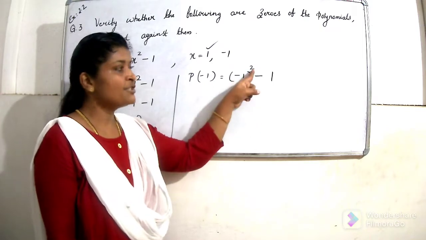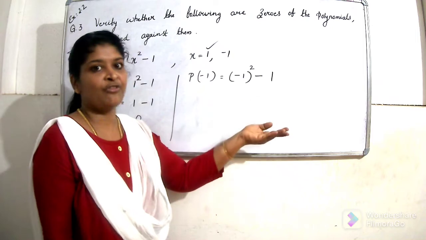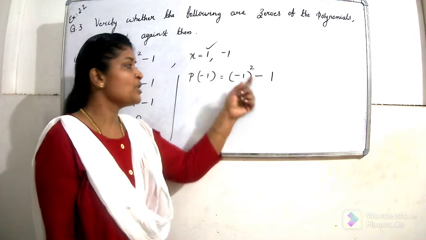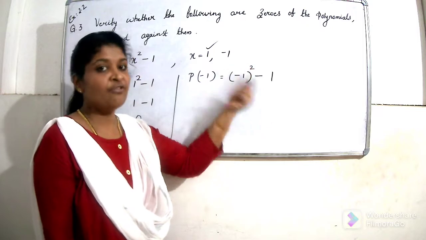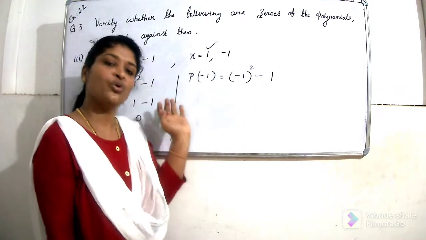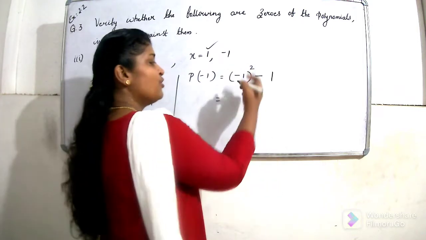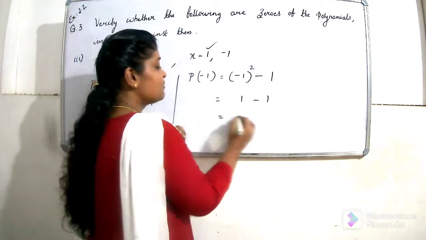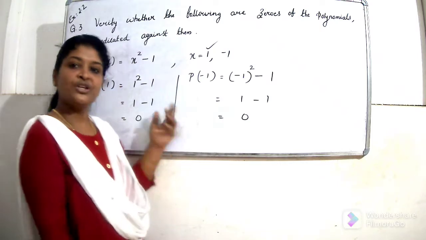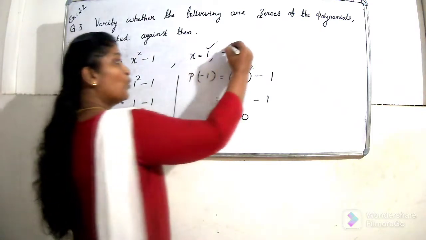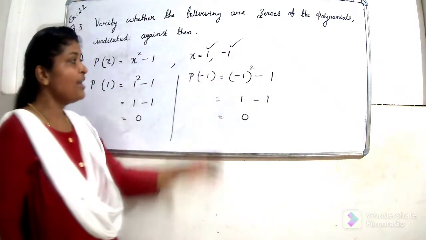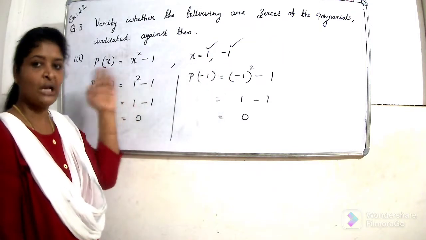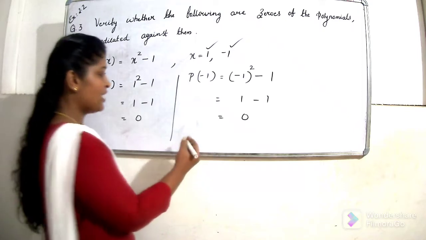But if the power is odd, then the ultimate sign will be negative. Here the power is an even number, so we know it is positive. So negative 1 square is 1, minus 1. So 1 minus 1, the answer will be 0. So in short we can say both 1 and negative 1 are the zeros of this polynomial. Yes, it is correct.